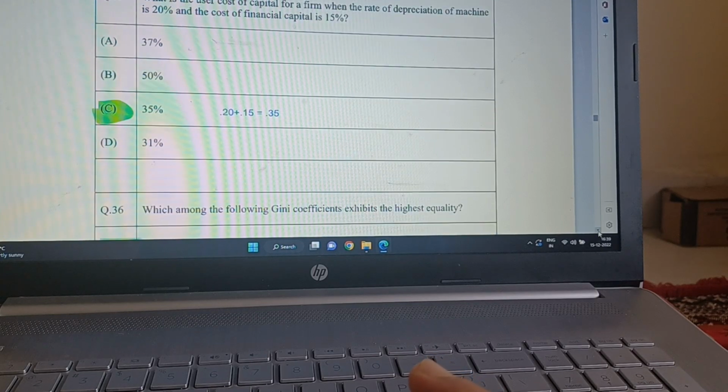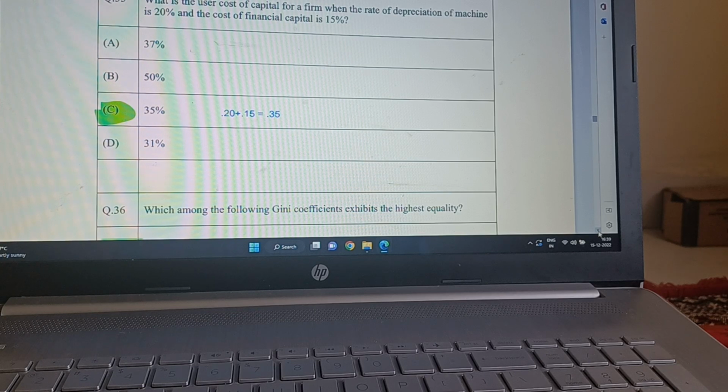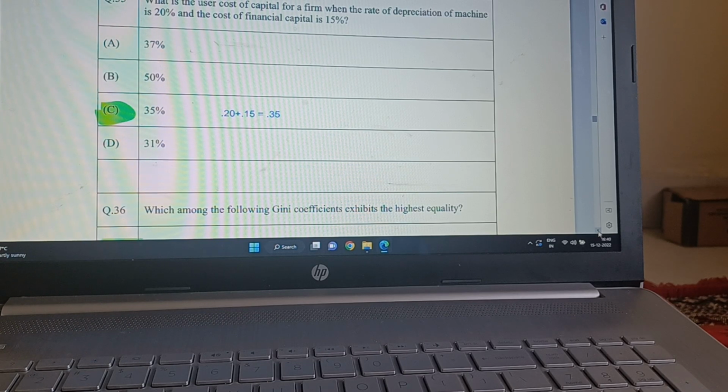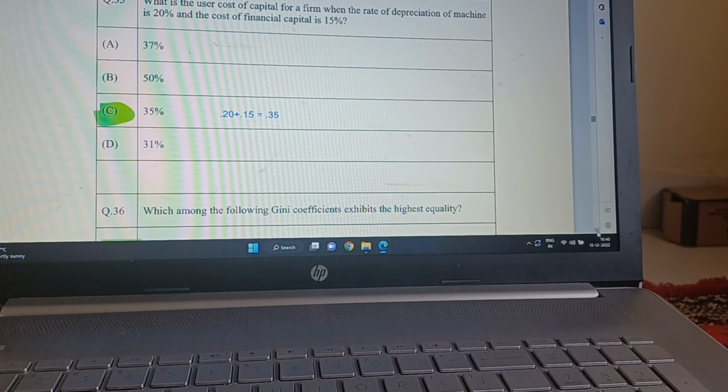Next question is, what is the user cost of capital for a firm when the rate of depreciation of machine is 20% and the cost of financial capital is 15%? So this is a very simple question, because the cost of financial capital is 15%: when you borrow 100, you pay 15 on that, so that is your cost.